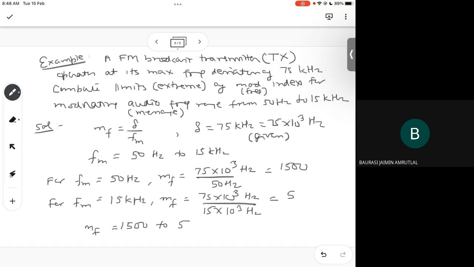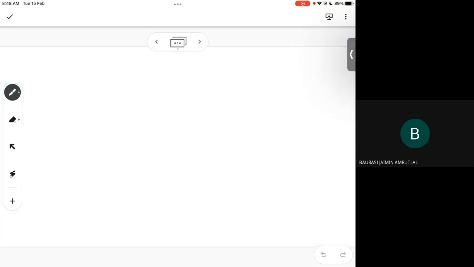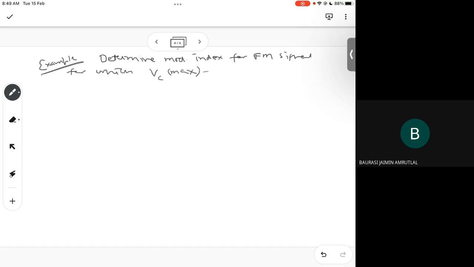So let's take one more example of what we have just learned so far. I need to find again the modulation index, for an FM signal for which I have got Vc maximum given as 10 volt.